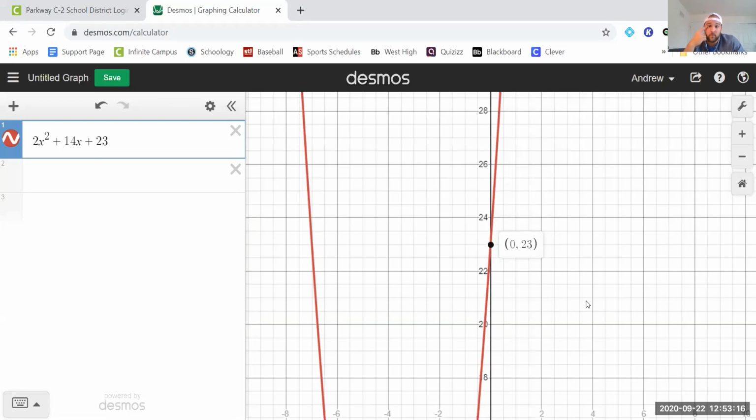Okay, so Desmos is super easy to use when it comes to graphing. Any other questions with graphing using your graphing calculators?